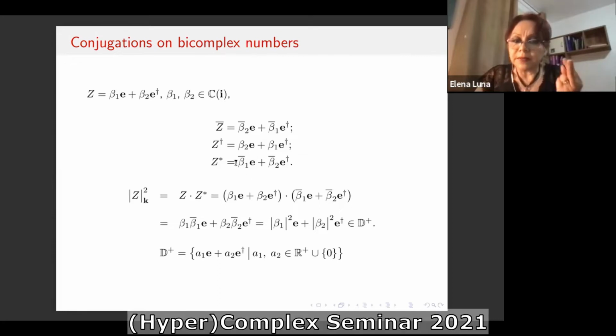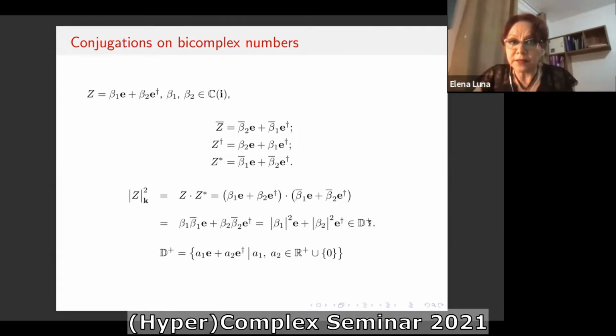And the product of c times c star, we obtain an element as you see here: modulus of beta 1 squared e plus another element, modulus of beta 2 squared e dagger. And it happens then that both components are positive real numbers, or 0 in the case that z is equal to 0.